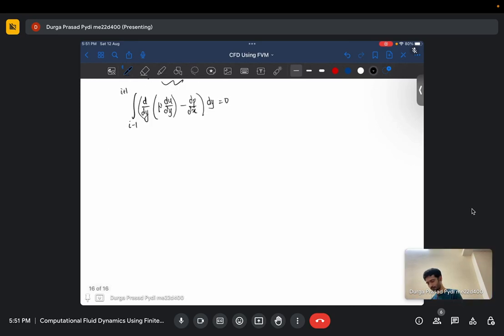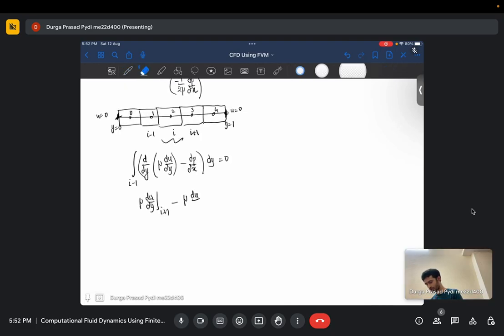By now you should be familiar with this. Actually, I shouldn't be writing I plus 1 and I minus 1. These are essentially your faces. Let's say this is my west face and this is my east face. So you'll be integrating from west face to east face. This will be du/dy calculated on the east face minus du/dy on the west face, minus dp/dx into the integral of dy from west face to east face.